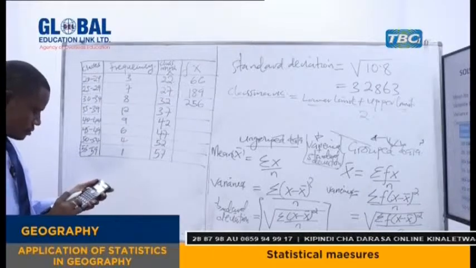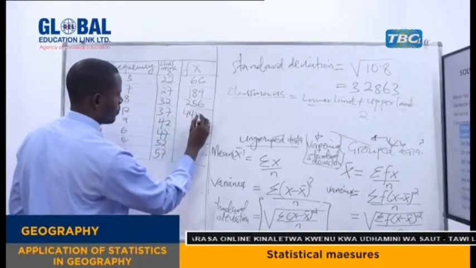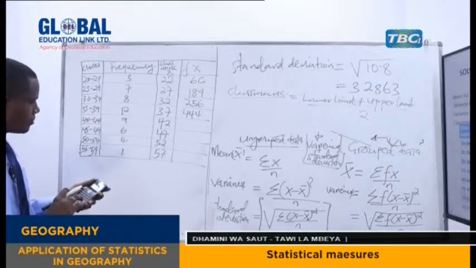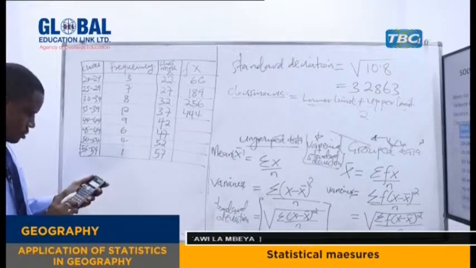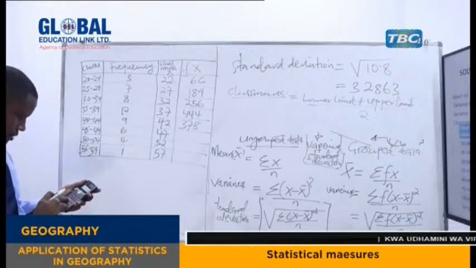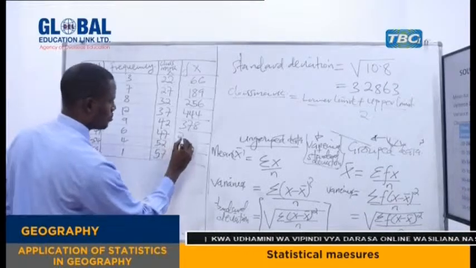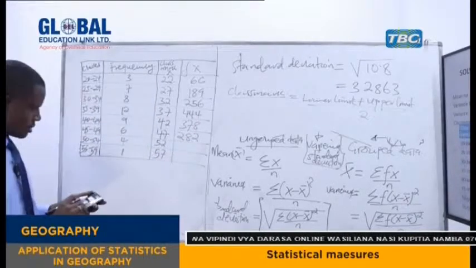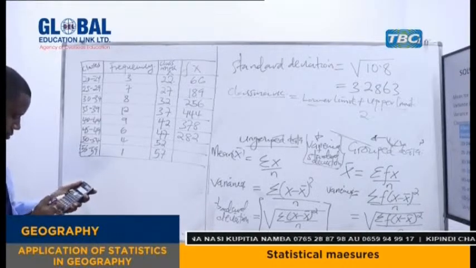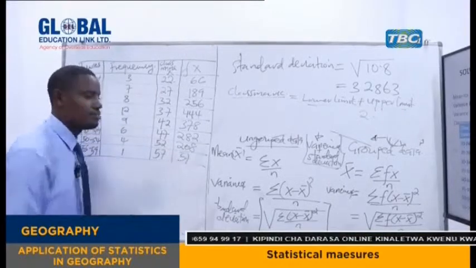The other one is 12 times 37, then we get 444. Then we have 9 times 42, then we come up with 378. The other one is 6 times 47, then we get 282. And then we go for 4 times 52, which is equal to 208. And the last one will be 57.